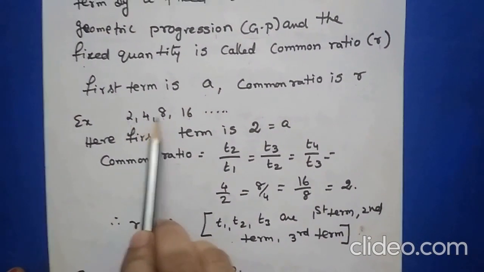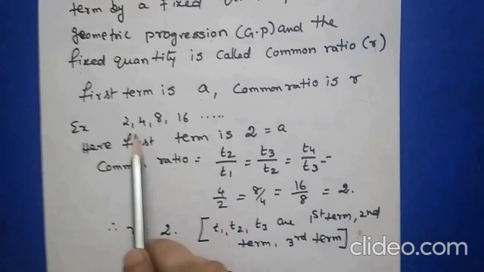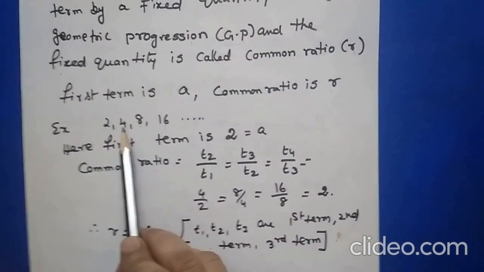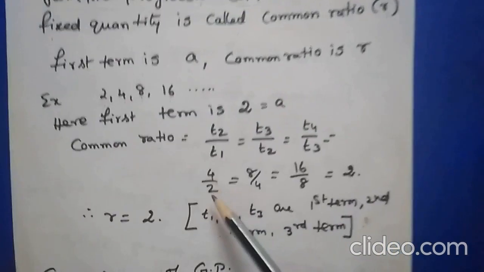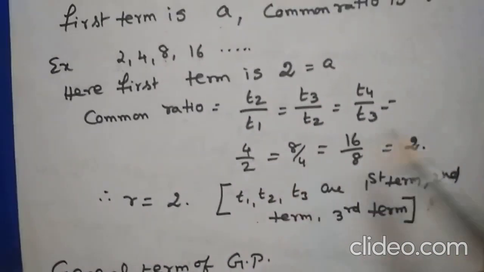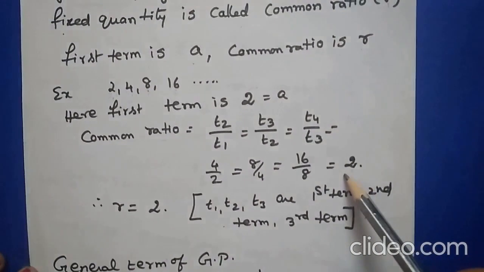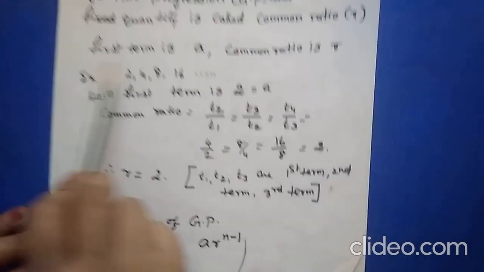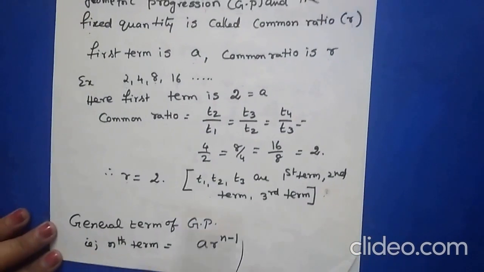T2 second term, T3 third term, and T4 fourth term. Now you are dividing second term by first term is equal to third term by second term is equal to fourth term by third term. So you are getting 4 by 2 or 8 by 4 or 16 by 8. You are getting the common ratio 2. This 2 is represented by small r. So in this, the first term is represented by A and the common ratio represented by r.